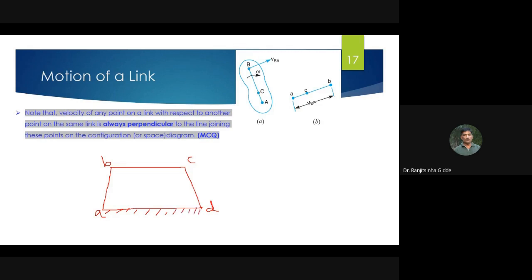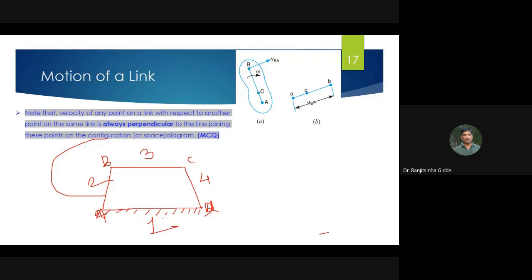So I will just show capital A, C, and this one is D. Now this is the first link, this is the second link, this one is the third link, and this is the fourth link. What we are going to call it is a configuration or space diagram. If such a figure is given in the question paper, that is nothing but the space diagram or the configuration diagram.